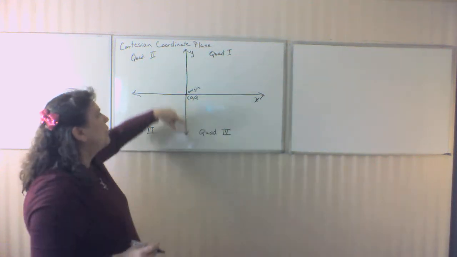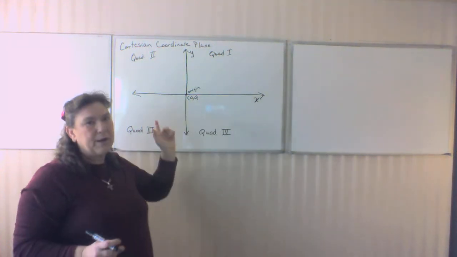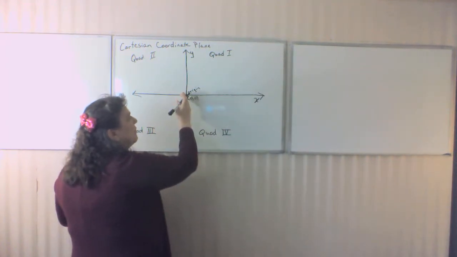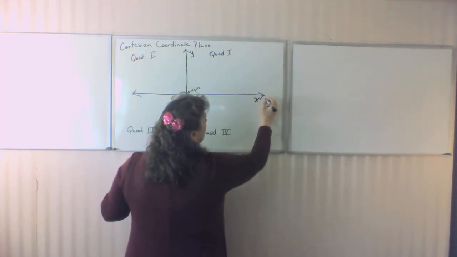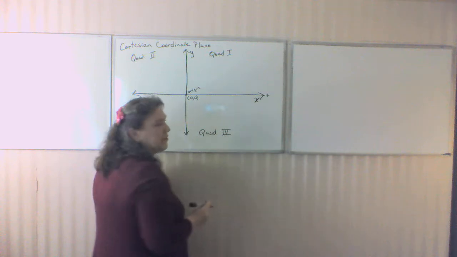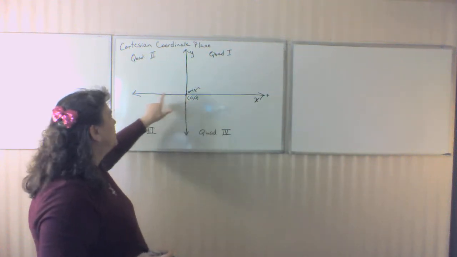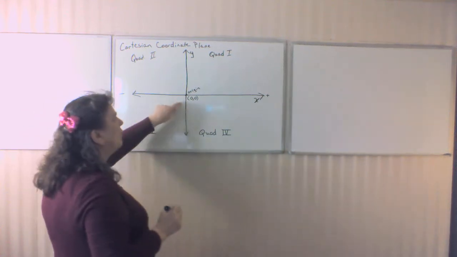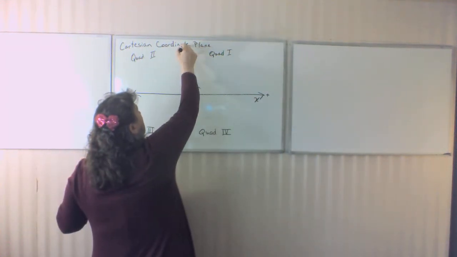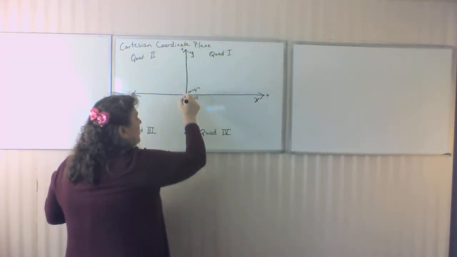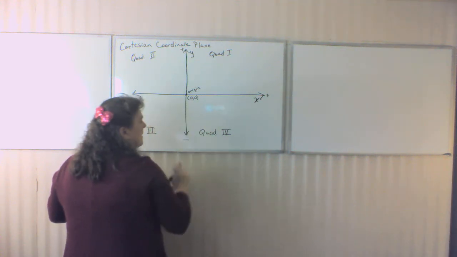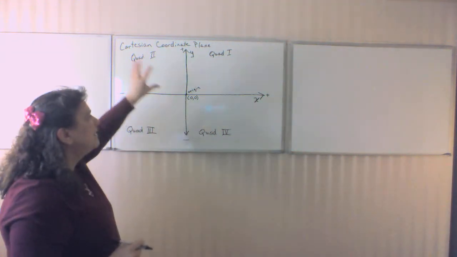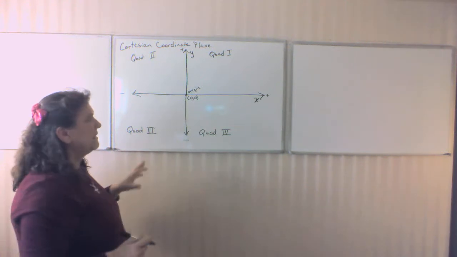In other words, no up or down and no left or right movement. If you move from the origin to the right, you're moving in the positive direction. If you move from the origin to the left, you're going negative. From the origin, up is again positive. From the origin, down is negative. And so different quadrants have different signs.